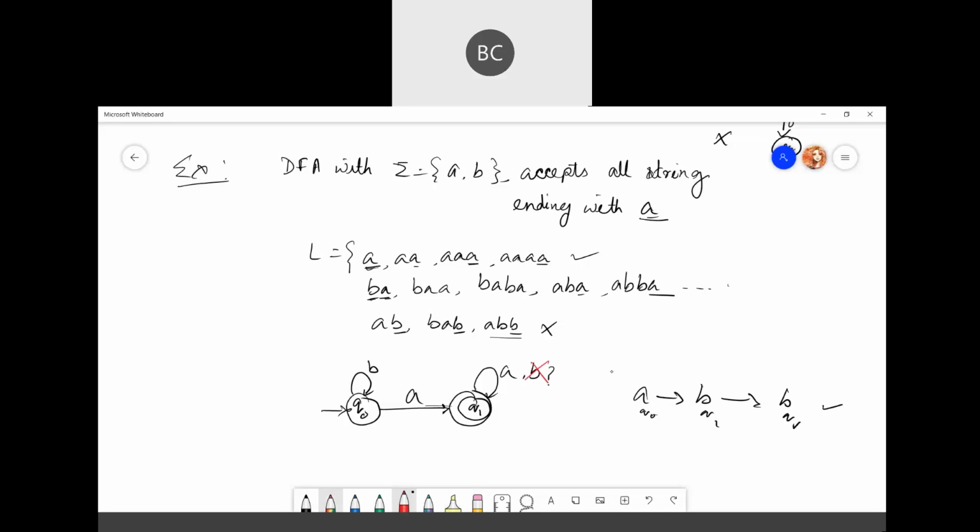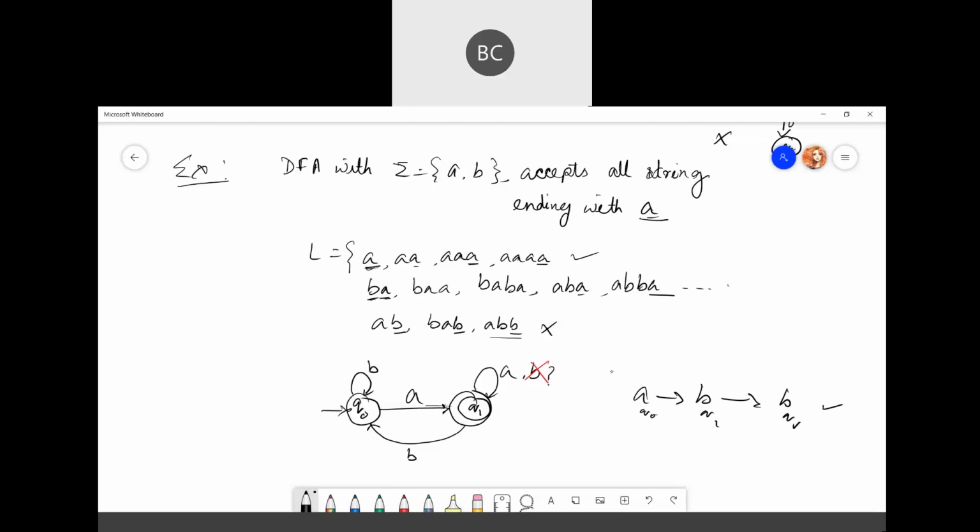We cannot make a self loop. Instead, if you bring it back to Q0, the problem is solved. Correct? If it reads from Q1, if it reads B, it will come back to Q0, which is not the final state. So after that, anyway, it has to read A, then only it will reach the final state.